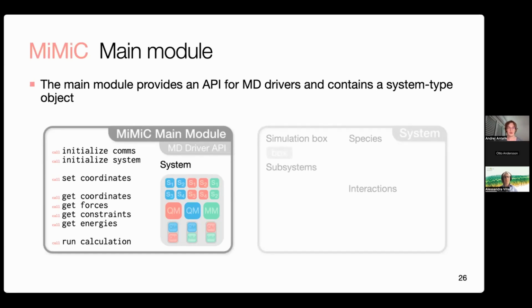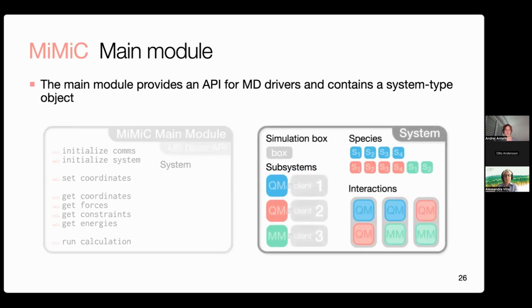So here, just a bunch of functions like setters, getters, runners, that kind of thing, and then there is this system object that contains all the information about the system, the simulation box, interactions between subsystems, or individual subsystems, each of which is linked to one of the client programs participating in the simulation.